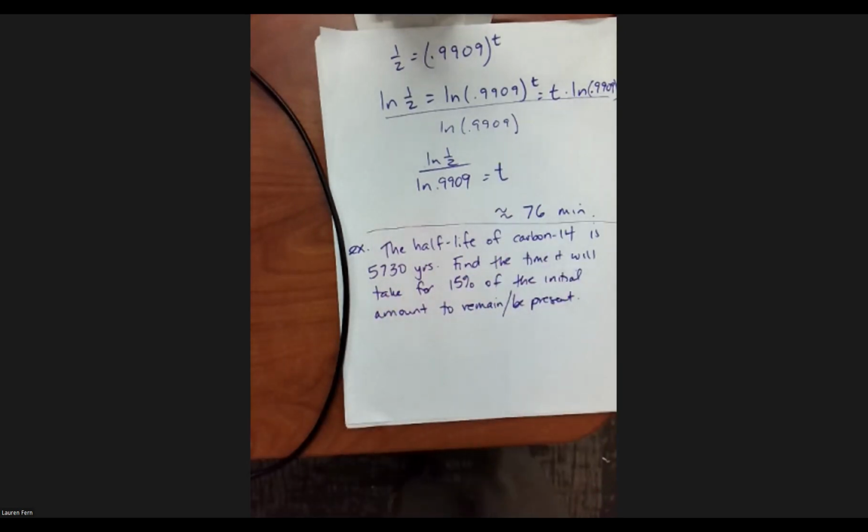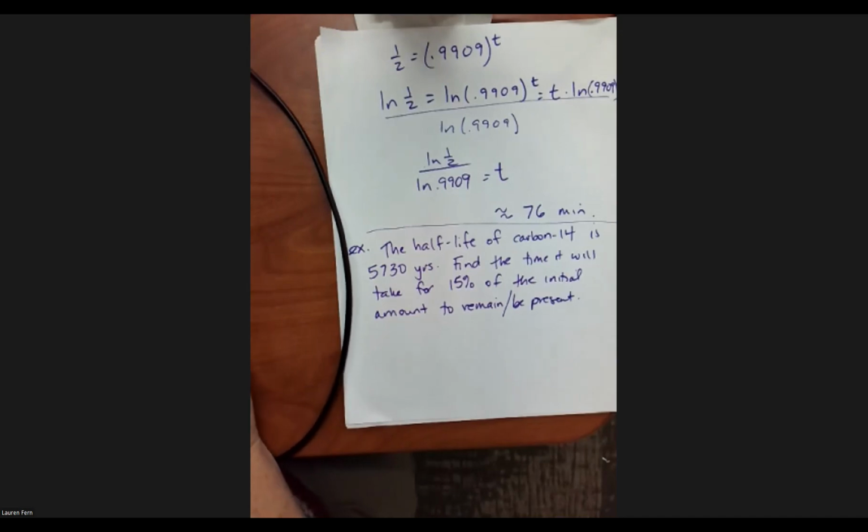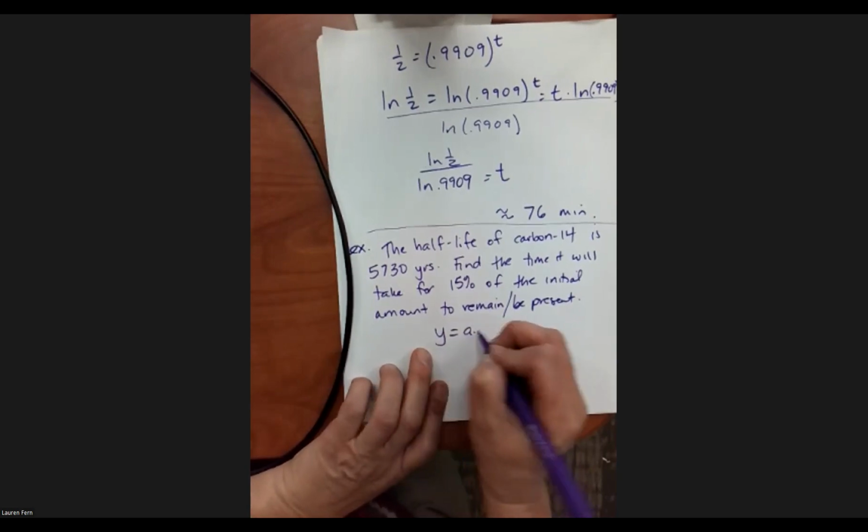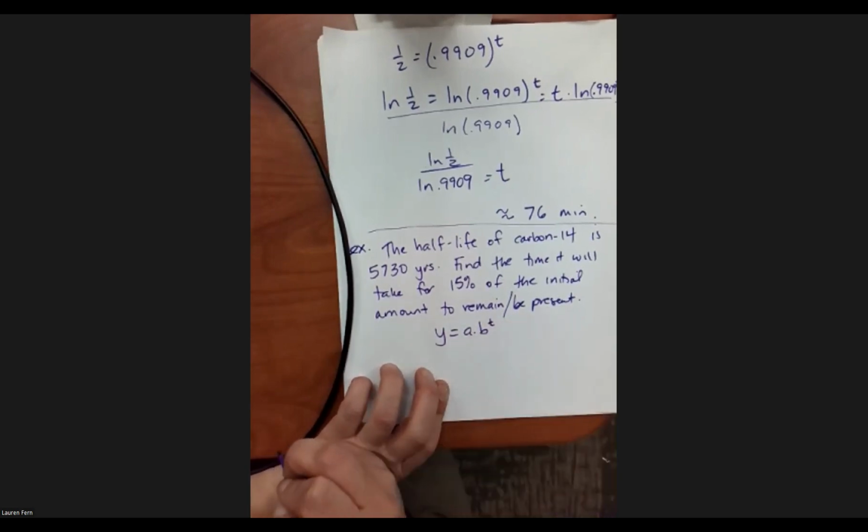So as with most of our word problems, we should not even try to find the answer until we get the equation. While it's unstated, our first task is to find the equation. So I'll just use A times B to the t.